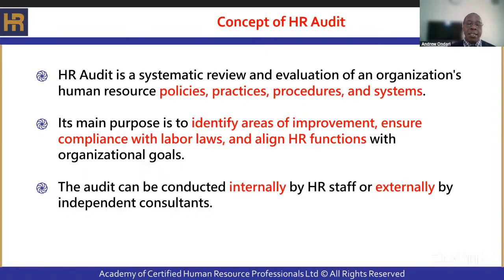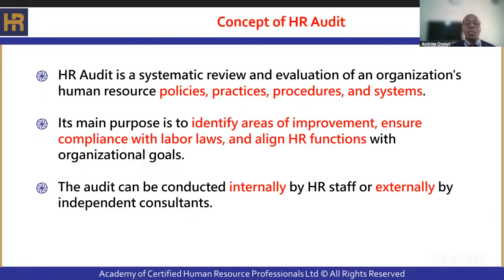And then lastly, by conducting an HR audit, we ensure that the HR function is aligned with the corporate objectives. This alignment is very important because it helps HR managers to achieve organizational goals, objectives, and strategies.